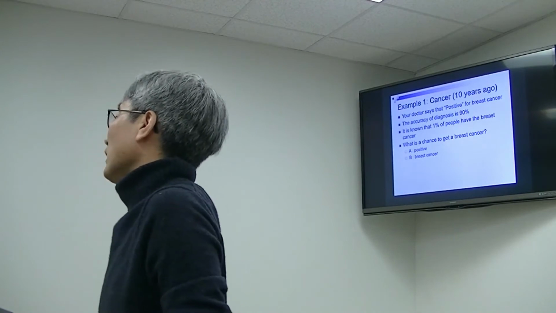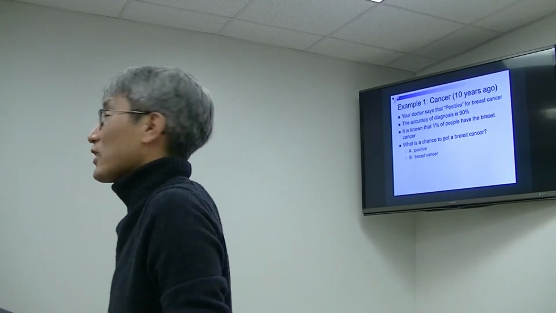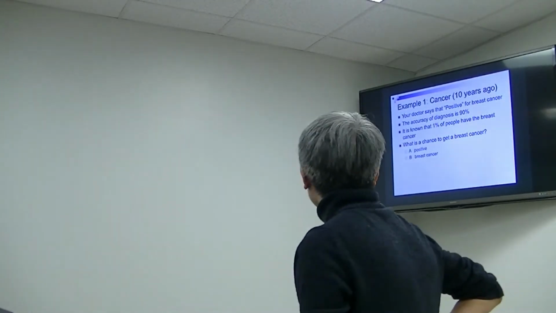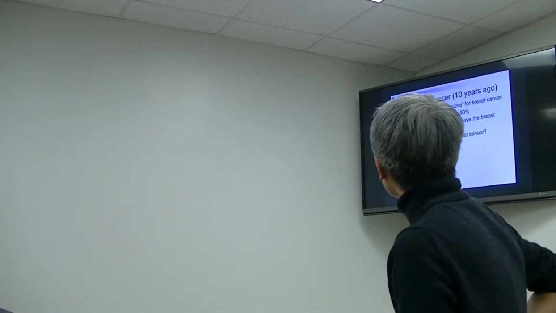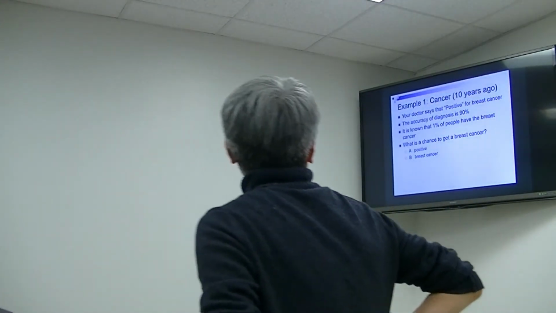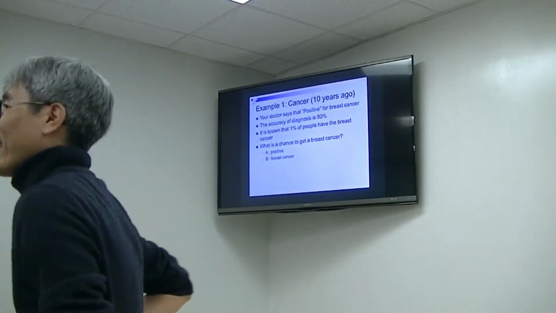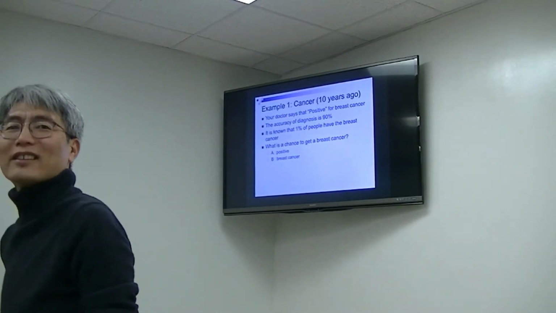So after the diagnosis, you see the doctor, and the doctor says you are positive for cancer, breast cancer. Then the doctor says the accuracy of the diagnosis method is 90%. And the doctor also says it is known that 1% of people have breast cancer. Can you guess, roughly, is it serious or not?